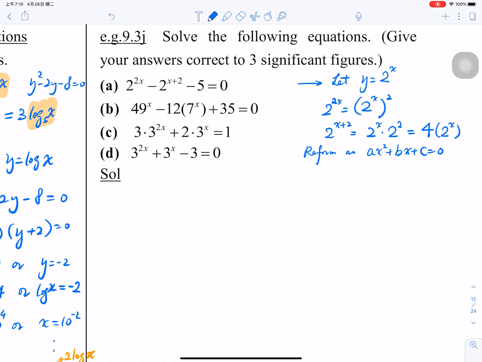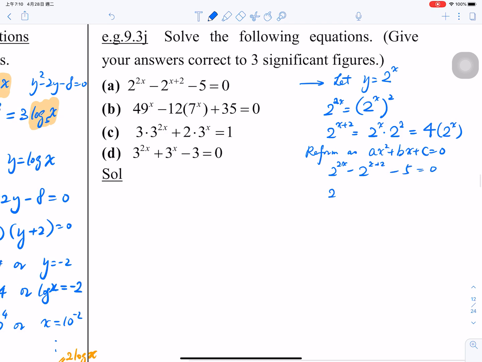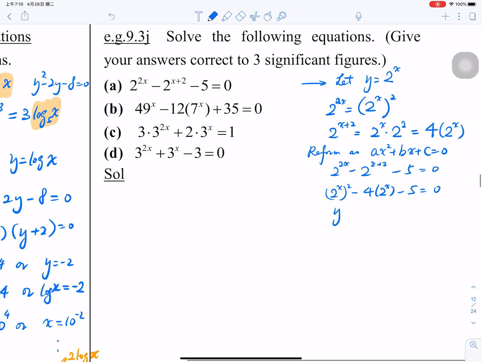When you write it like this, you can rewrite it as (2 to the power x) squared minus 4 times 2 to the power x minus 5 equals 0. Reform it as y squared minus 4y minus 5 equals 0.